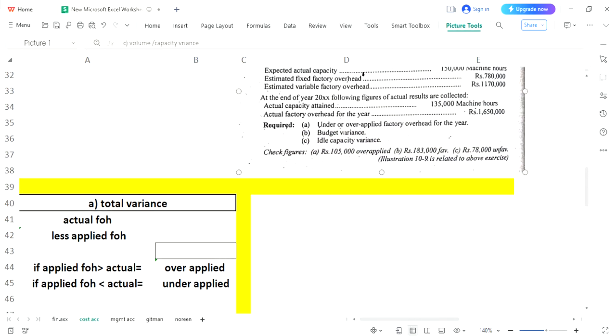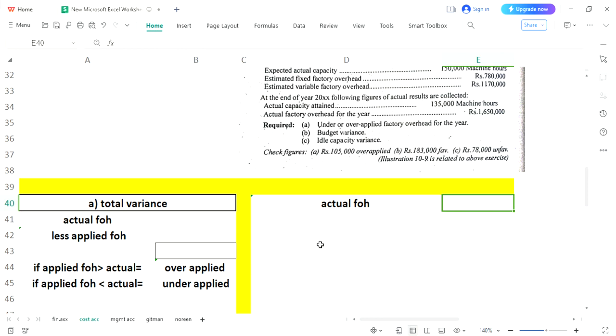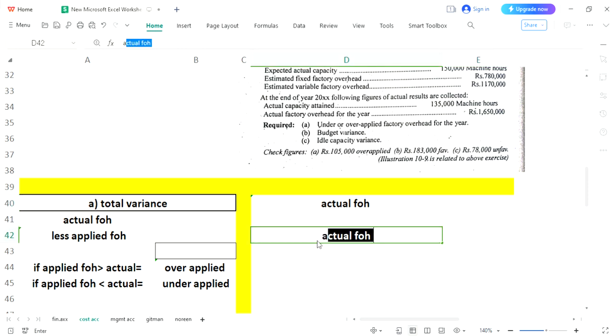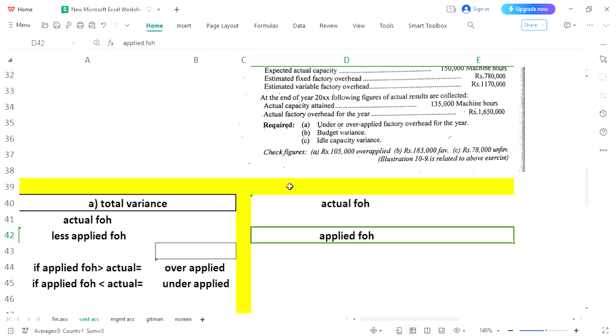But before that, let me make you understand that actual FH will always be given in the question. So there is no need to worry. This actual FH will always be given in your question, but applied FH will not be present in the question. For that, you will have to calculate it. Applied FH would be calculated through a formula.